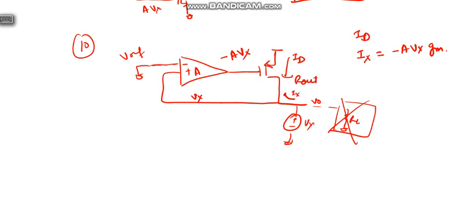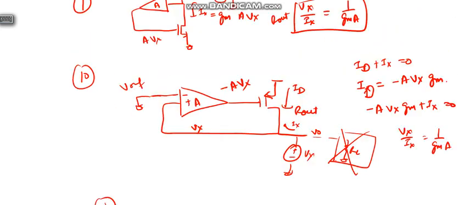So ID plus Ix equals 0. So this is ID, and so A Vx GM plus Ix equals 0. So Vx upon Ix is 1 by GM A.